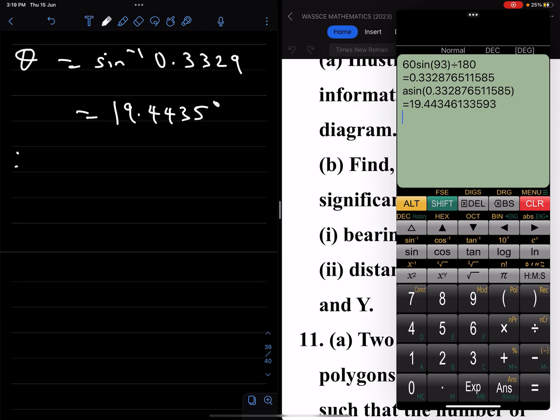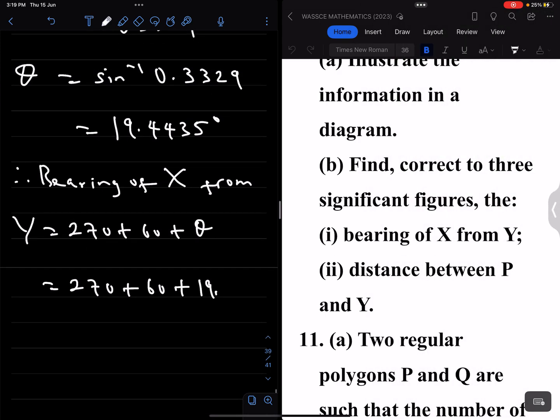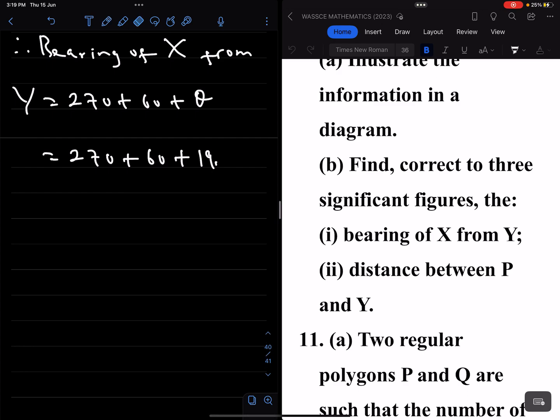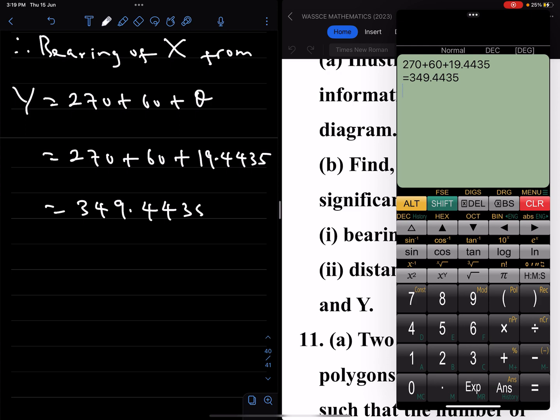So I can say therefore the bearing of X from Y equals 270 plus 60 plus theta, which is equal to 270 plus 60 plus 19.4435, and that's 349.4435.